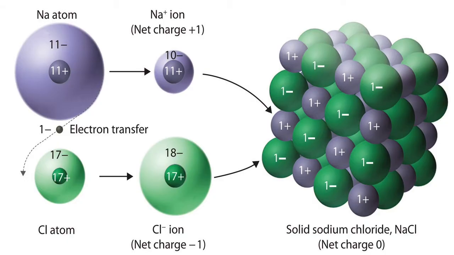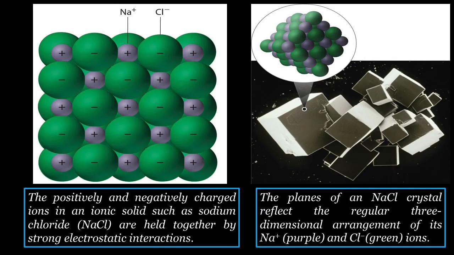Here you see that it's made of sodium and chlorine. This is not a unit cell, but it's a little bit bigger than a unit cell, and you can see how it forms its cubic crystal shape.